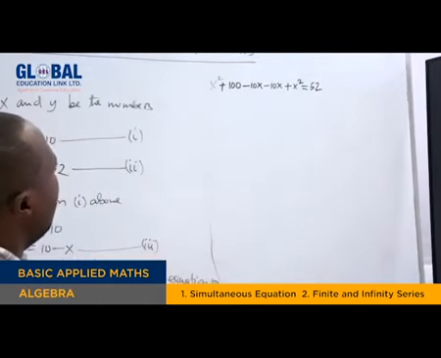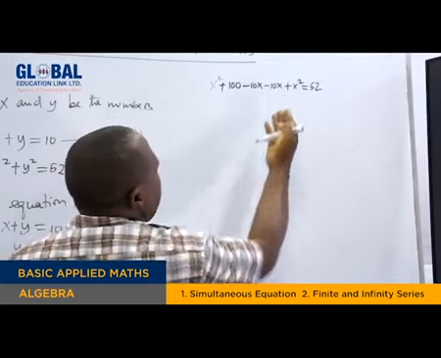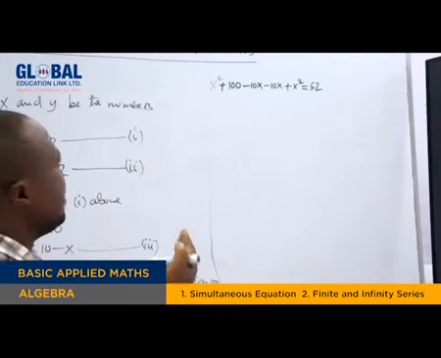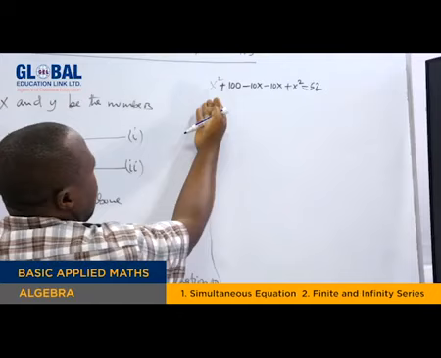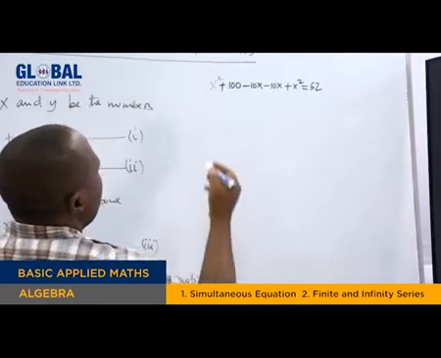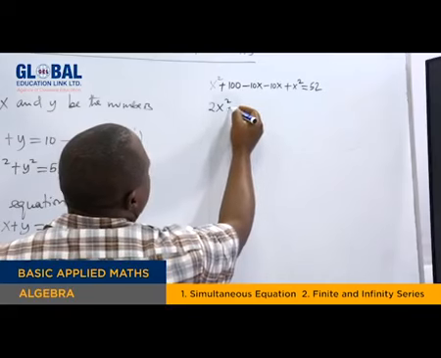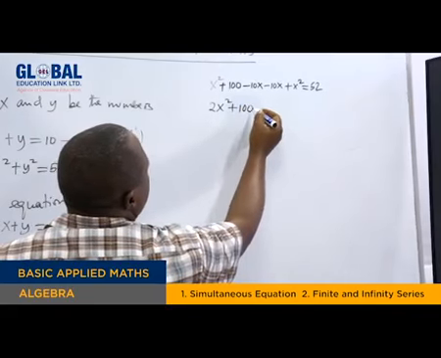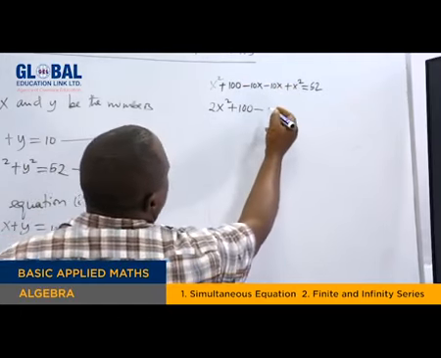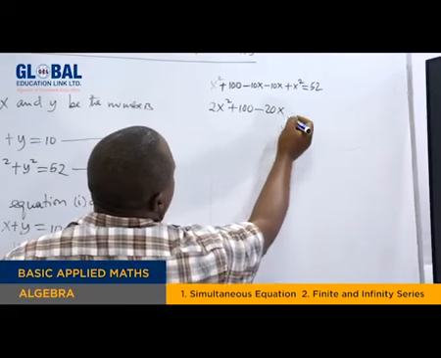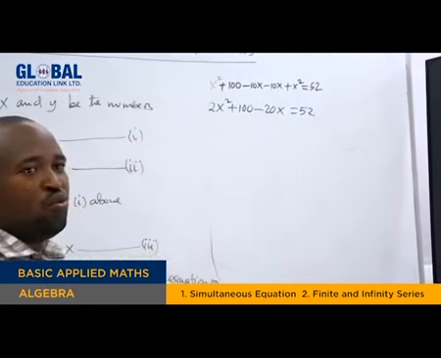Now, my dear student, we have negative 10x and negative 10x, so we add these terms. We start with x squared plus x squared, which is 2x squared, then plus 100, then negative 10x and negative 10x, that is negative 20x, which is equal to 52.